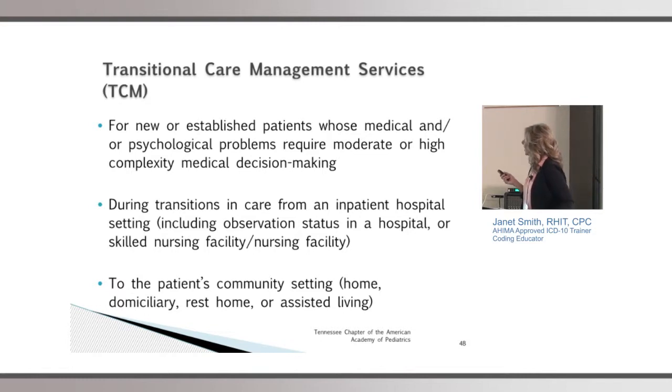So TCM, short for Transitional Care Management, services are provided for new or established patients whose medical or psychosocial problems require moderate or high complexity medical decision making. Again, with both of these code sets, the medical decision making has to be moderate to high, whereas your care plan oversight codes did not specify what complexity of medical decision making you needed.